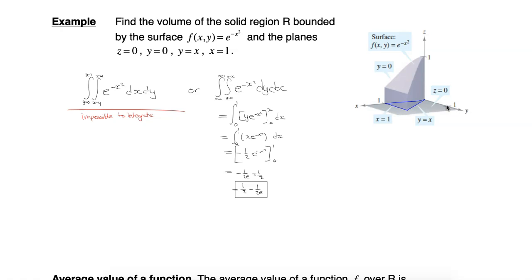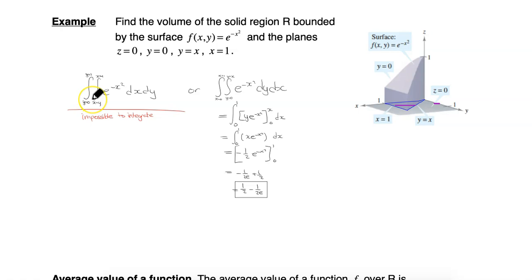And then for any of these values of y in the middle, we see that x ranges from x equals y to x equals 1. So if we pick a certain value y here, then we integrate from x equals y to x equals 1.